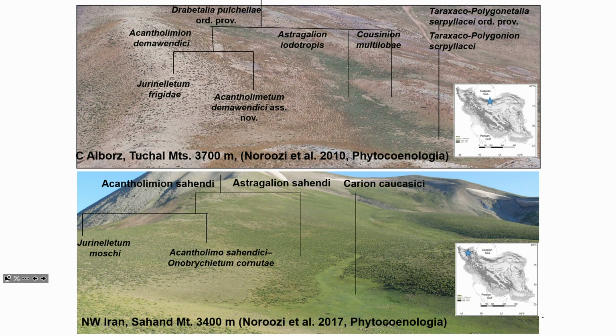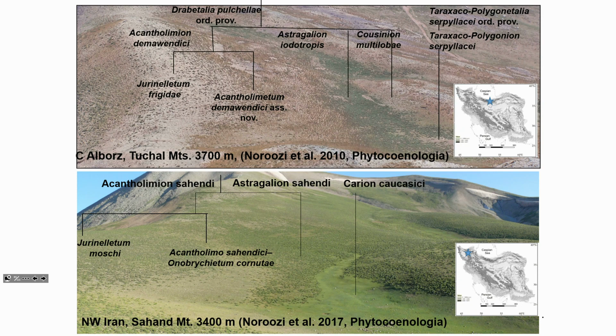Look at here, Jurinella moschus. Now the association is Jurinelletum. Here is Jurinella frigida. Acantholimon here is demavandica. Here is Acantholimon sahendi. Because of the isolated situation in these areas, species evolved, and we have different species, but they are phylogenetically also closely related.